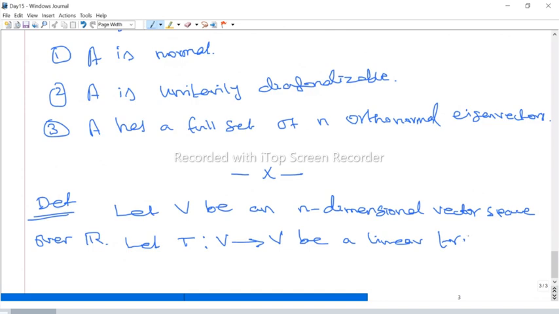Because the domain and the codomain are the same vector space, right? So let us take a linear transformation.